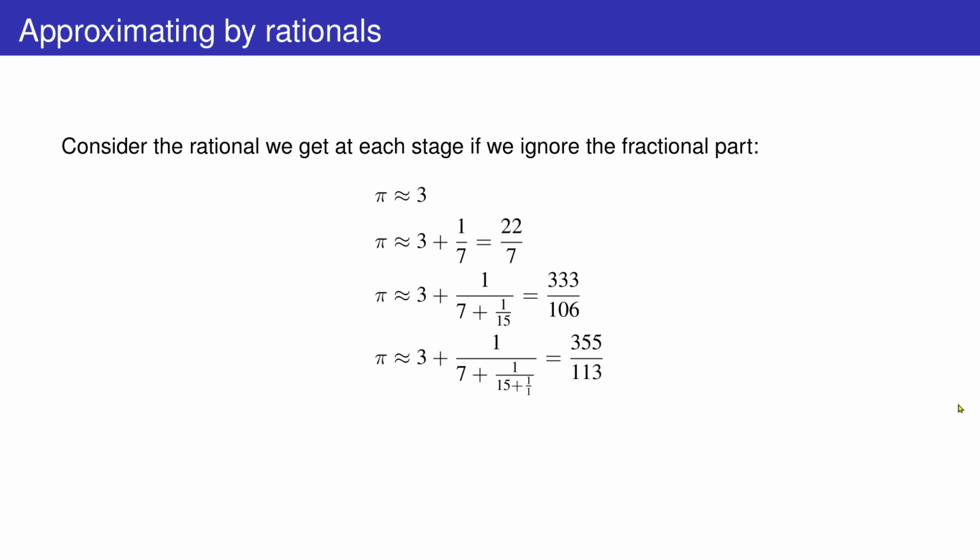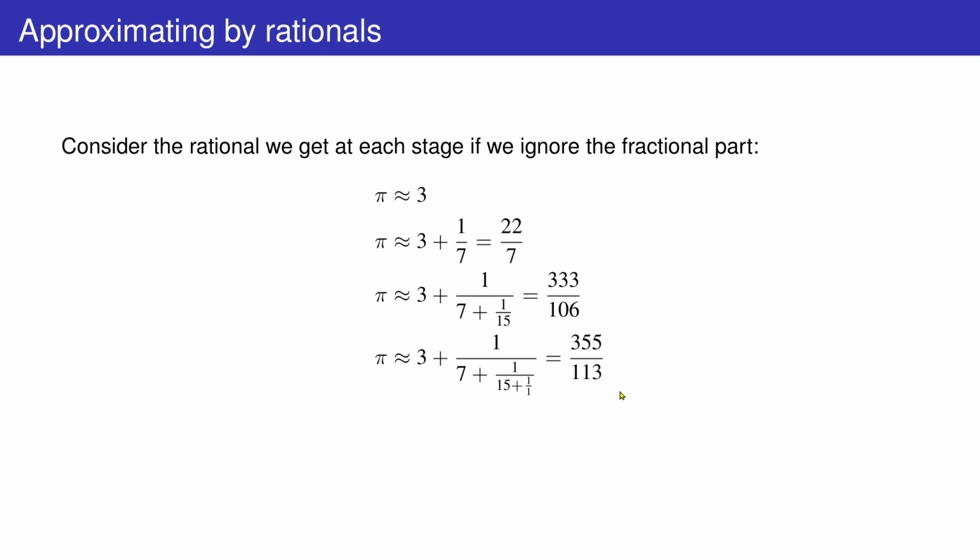So here we go. I'm simply ignoring the f0 to get our 0th approximation of pi, which is not good, but it's a start. It's 3. If we go one step further, but ignore f1, the first fractional part, as it were, we get 3 plus a 7th, which turns out to be 22 sevenths, which is a rather famous approximation of pi.